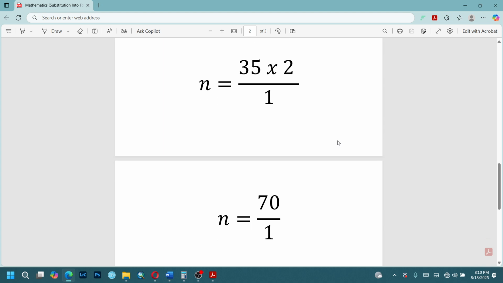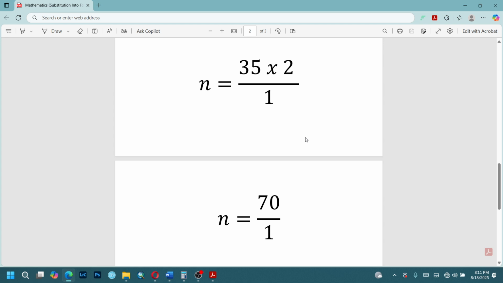So to proceed further, we are going to have our n to be 35 multiplying 2 is 70, right? So our n is going to be the fraction 70 over 1, right?